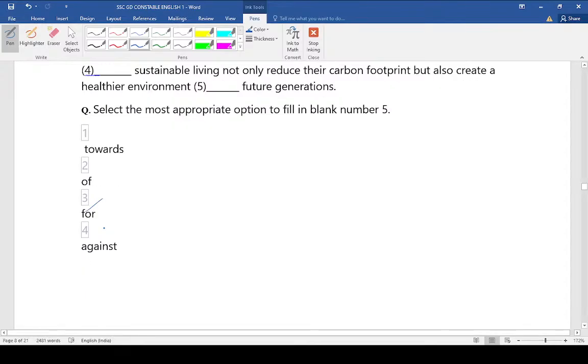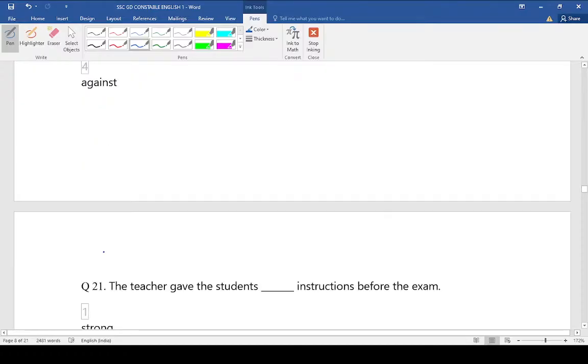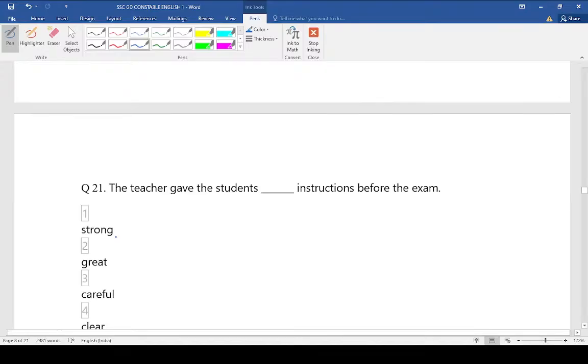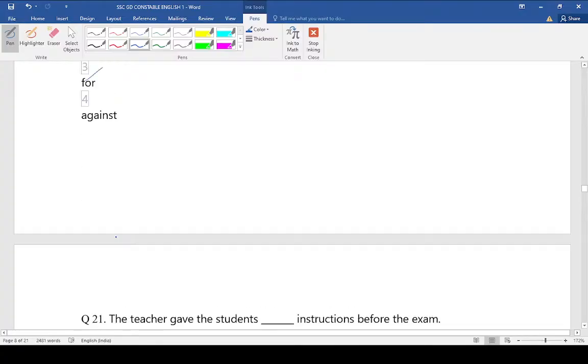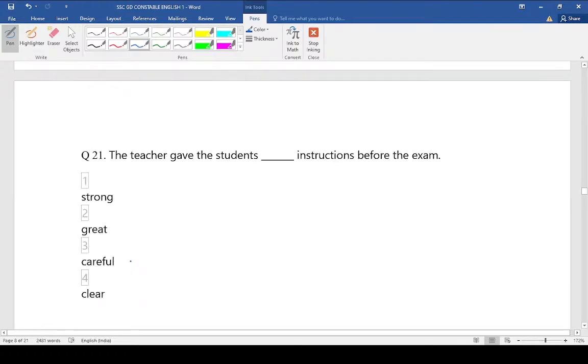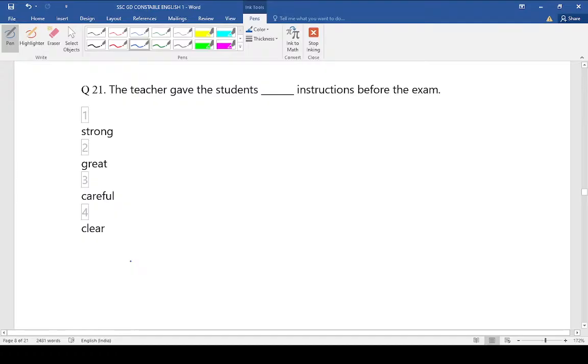Now we will go for the next question. The teacher gave the students dash instructions before the exam.